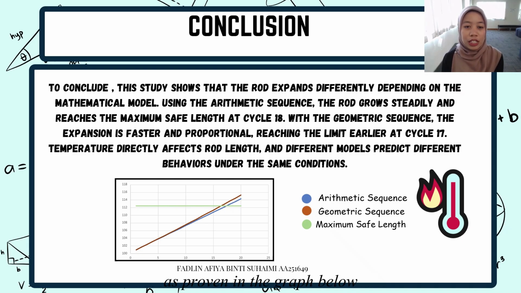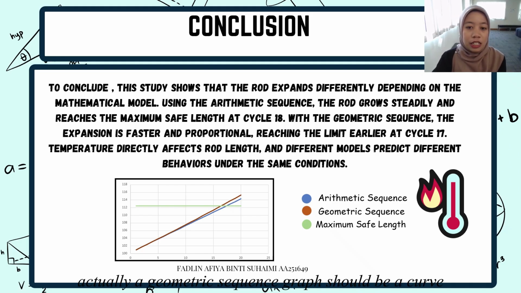As proven in the graph below, the graph of the arithmetic sequence with the blue line is increasing steadily and reaches the maximum safe length at cycle 18, while for the geometric sequence with the brown or orange line, the length of the piston rod expands faster and proportionally, reaching the limit earlier at cycle 17.